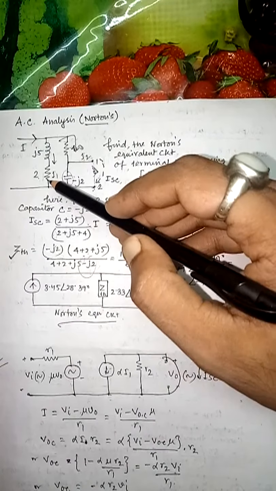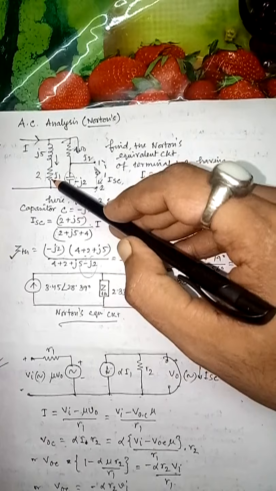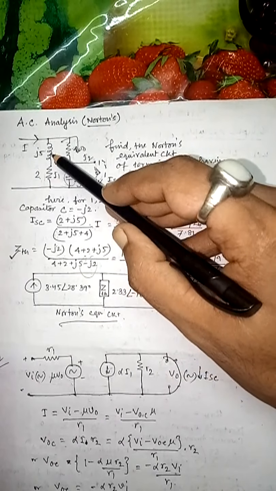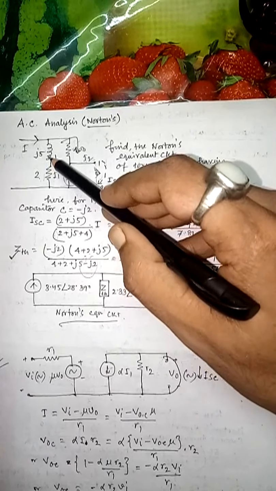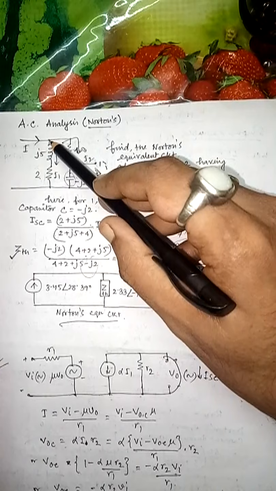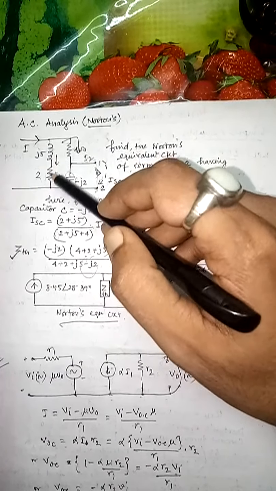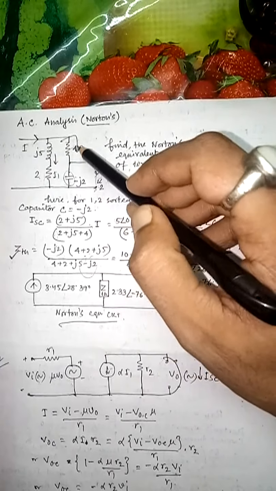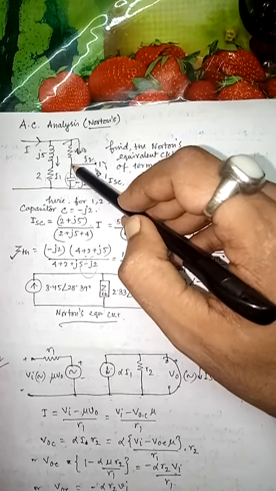Here, as you can see, one 2 ohm resistance and one inductance of j5 are connected in series. I1 is flowing as a whole, taking branches: this particular branch where j5 and 2 are in series to each other, and this other branch where the 4 ohm is connected to a tap.